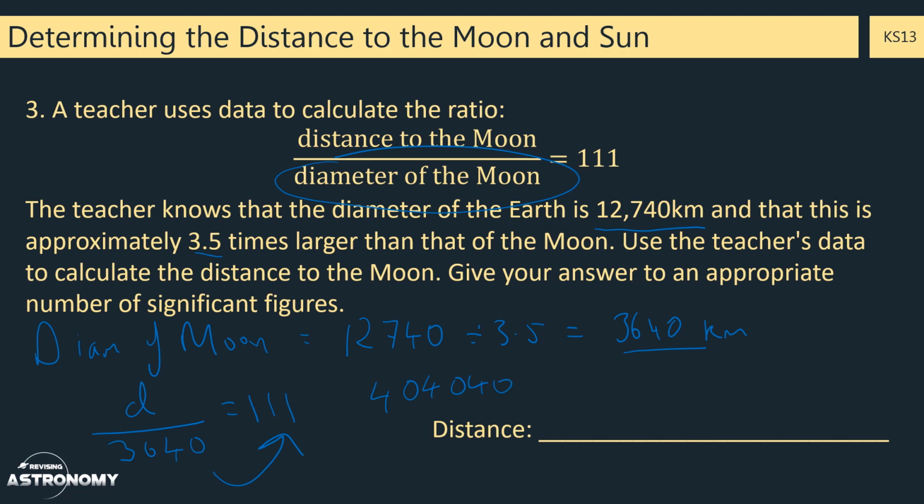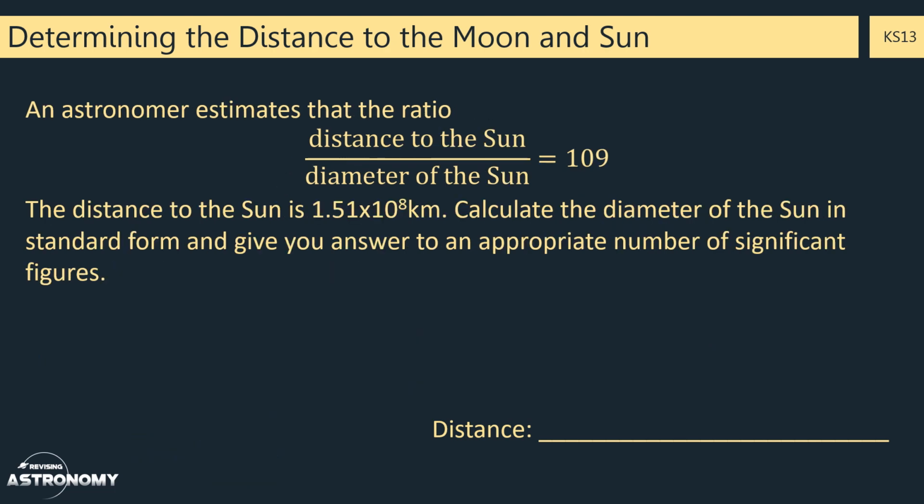So we need to give our answer to an appropriate number of significant figures. I would try and do the same as what is in the question. In the question, they've used 4 significant figures, so we'll do the same. So 404,000 kilometers.